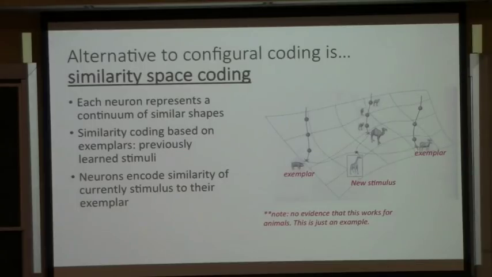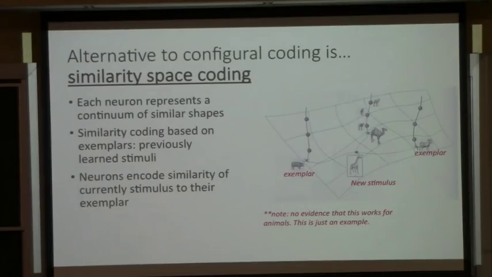Okay, you know how I said configural coding was one theory that relates to these images? There's another one called similarity space coding, where each neuron represents a continuum of similar shapes. Similarity coding can be based on exemplars, which are defined as previously learned stimuli, and neurons encode the similarity of the current stimulus to their exemplar.